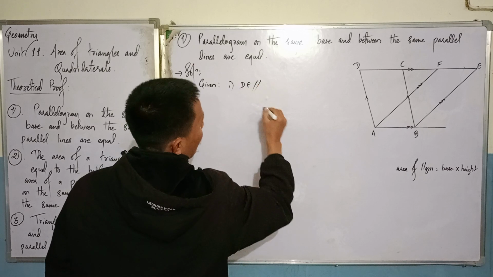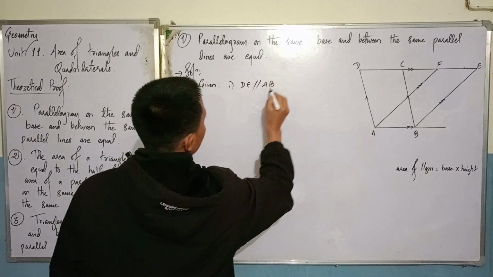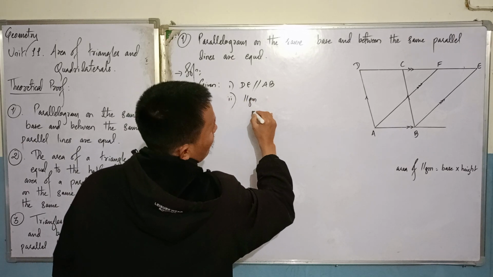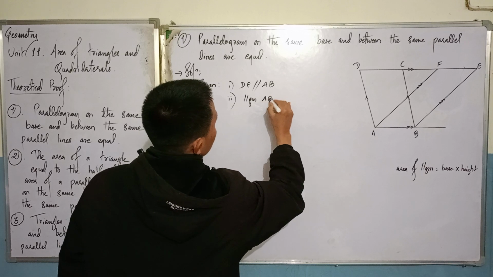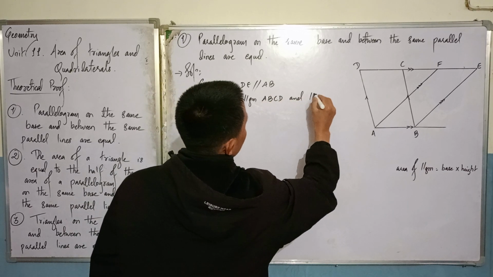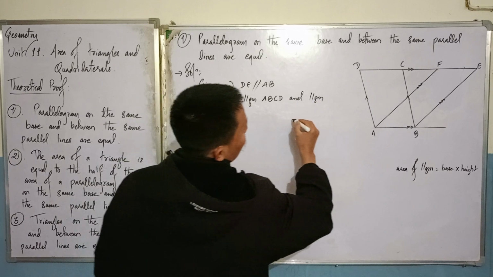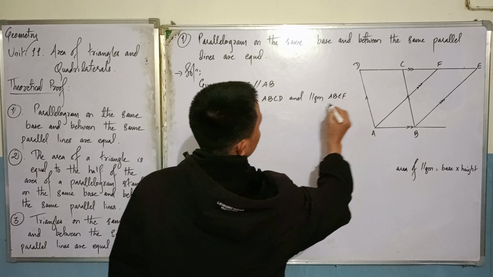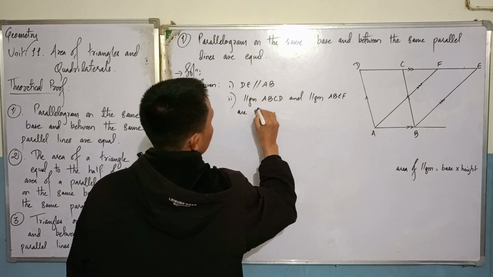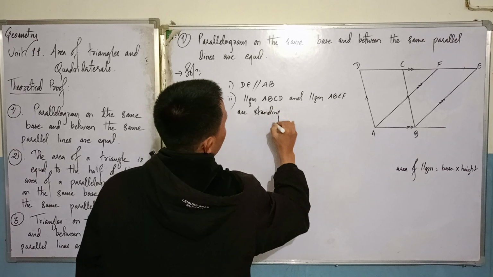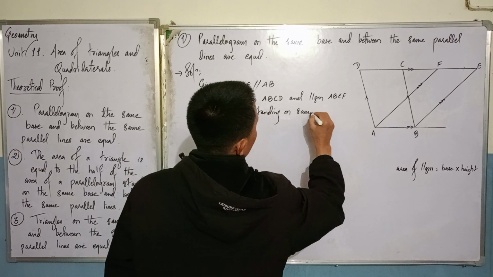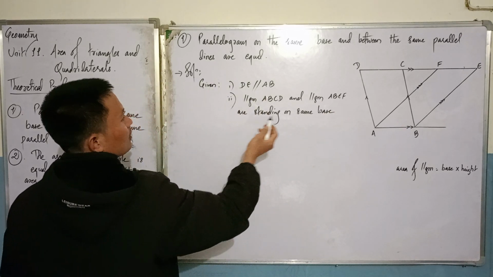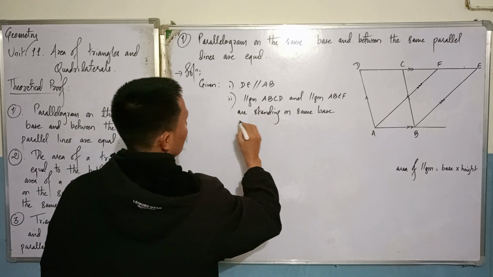DE is parallel to AB, and parallelogram ABCD and another parallelogram ABEF are standing on the same base and under the same parallel lines.